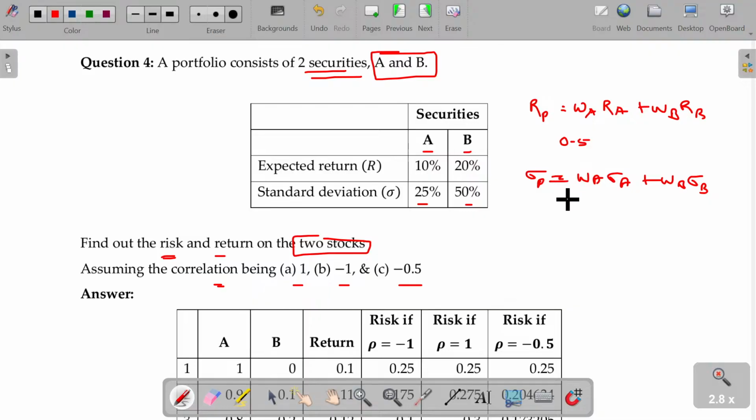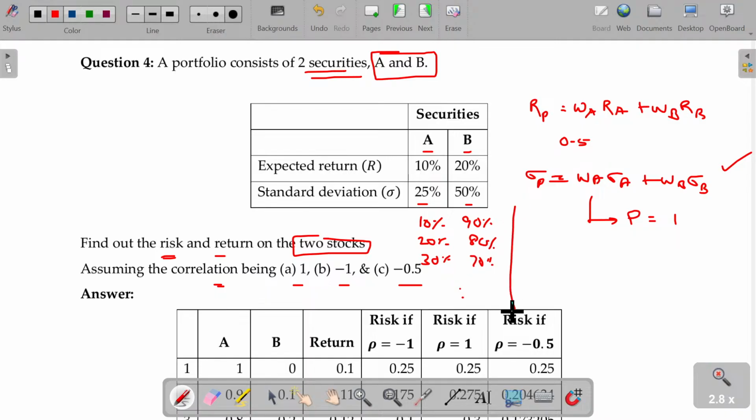Actually, I told you this will not be true. But if the correlation between these two is equal to 1, then this one is true. Is that okay? If I ask you to calculate, if I invest 10% in A and 90% in B, 20% in A and 80% in B, 30% in A and 70% in B, in such a way you can calculate.